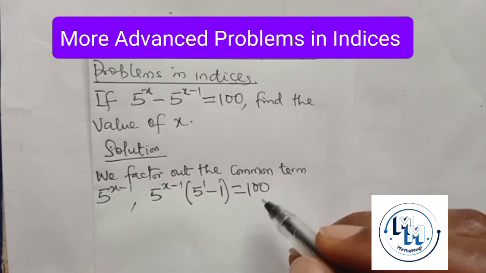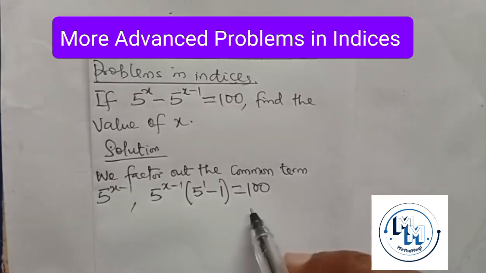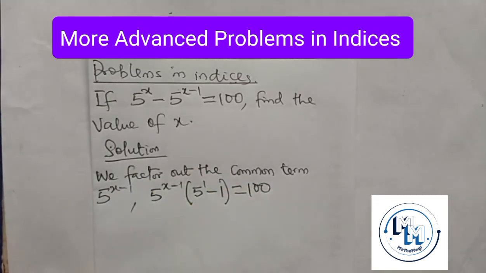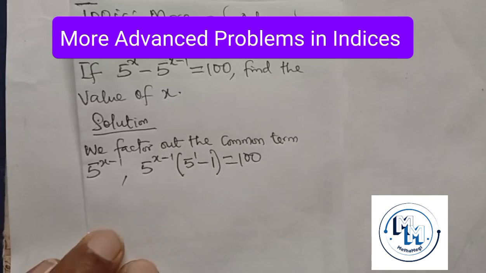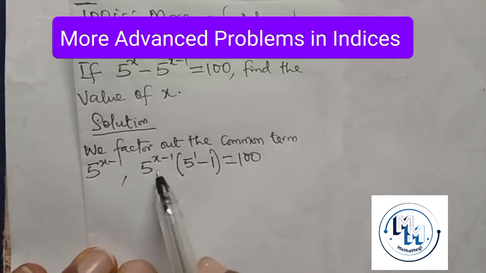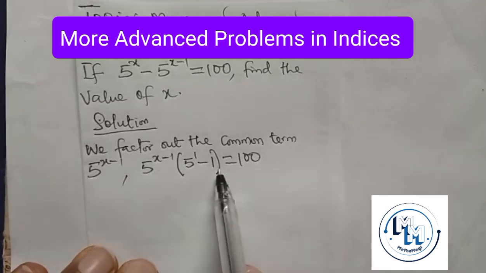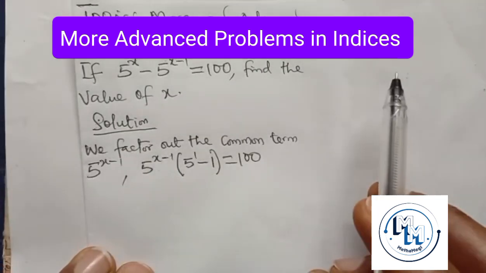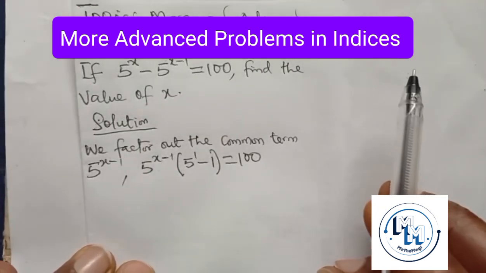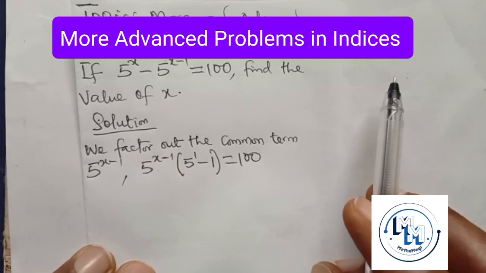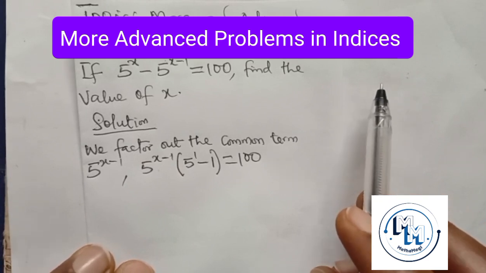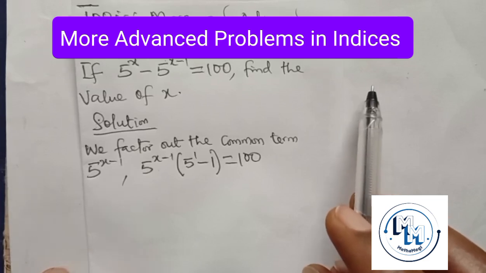Now, if you want to check if this is equal to this, simply multiply what is outside with the ones inside. Then at the end, you're going to have this thing back. Please try. Do not assume I'm right. Find out on your own. That is what strengthens your mathematics knowledge.